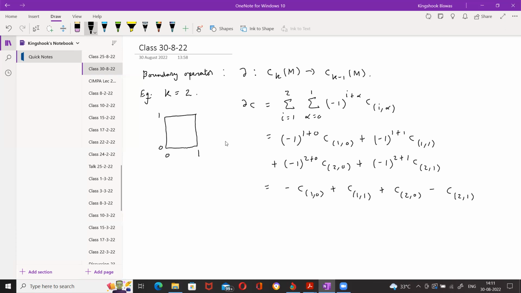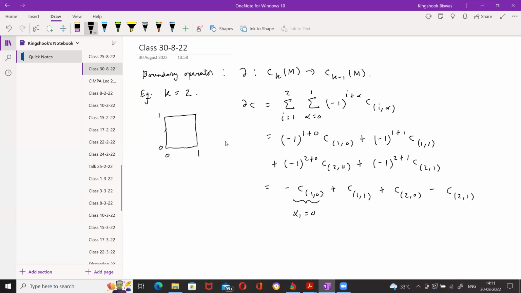Okay, so let's see what these faces are. What is C10? C10 means I'm fixing the first coordinate, X1 is equal to 0, right? So that will give me this side, okay?